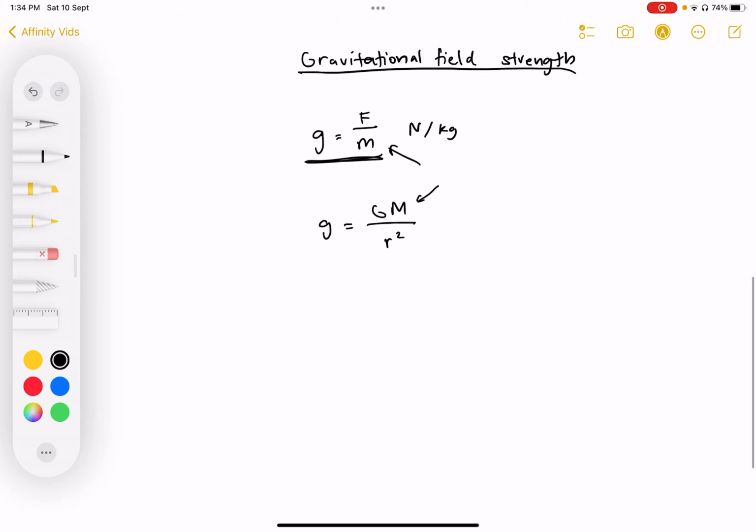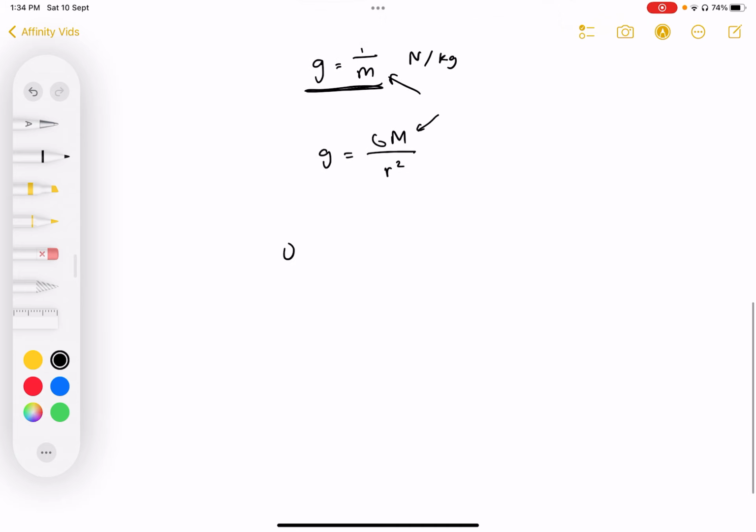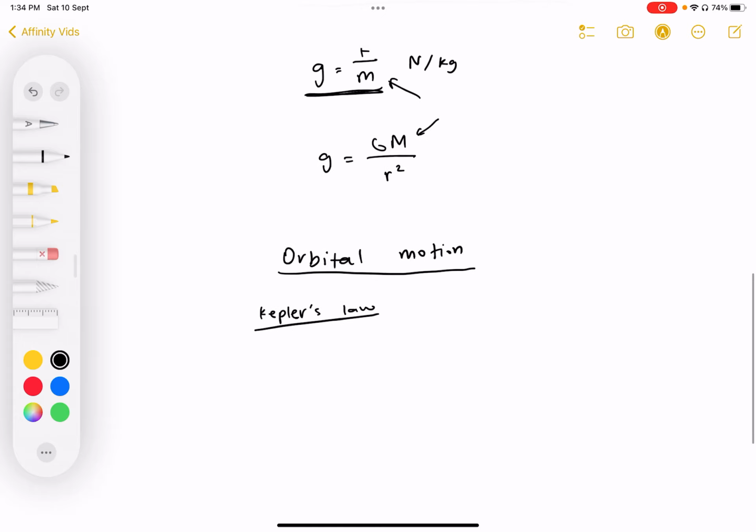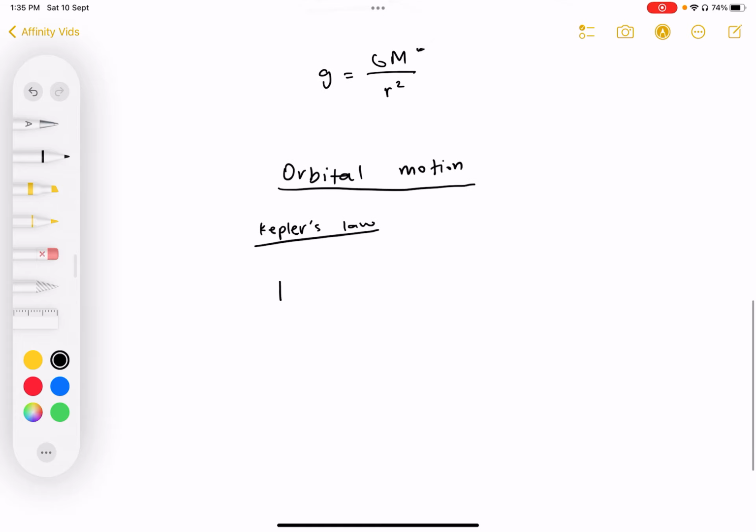So let's talk about orbital motion. We're going to go on a much bigger scale here. We're talking about planetary objects orbiting each other. So to talk about orbital motion, we can use Kepler's law. But first of all, we have the tools to be able to derive this. We know that our force here is equal to this.